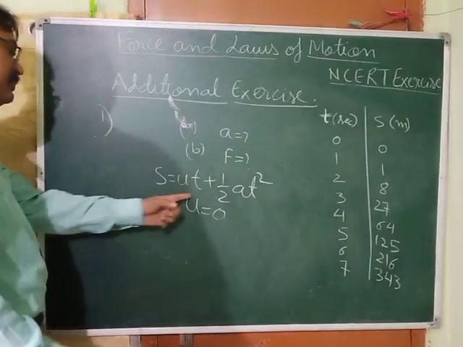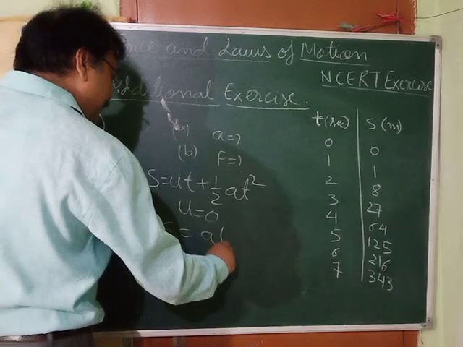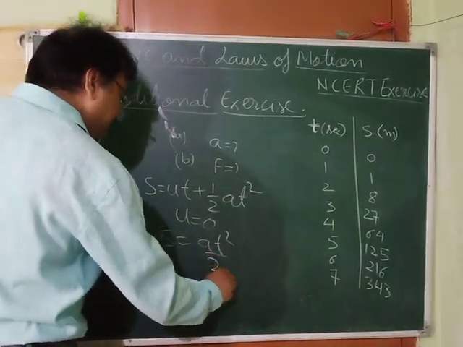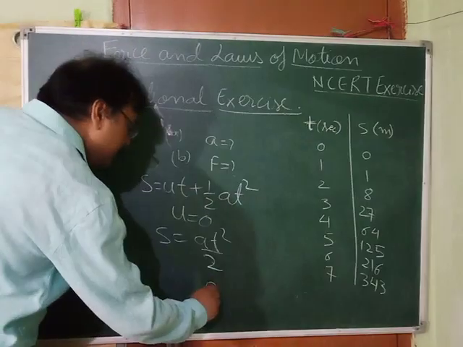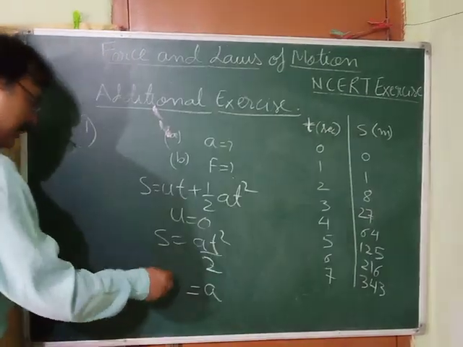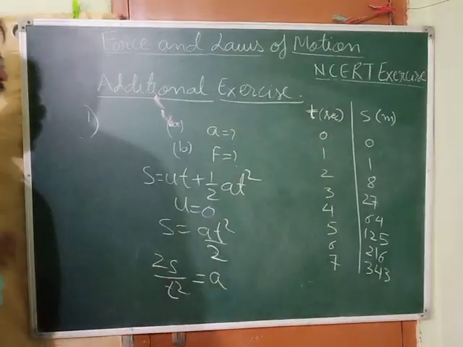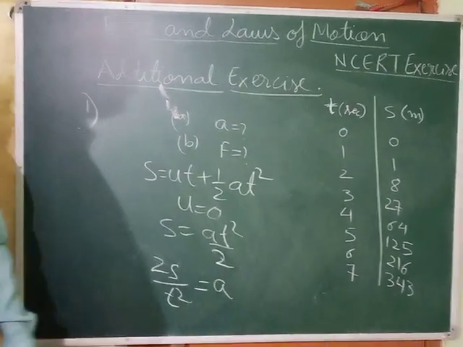As initial velocity is 0, S is equal to at square by 2. From here, can we get the value of A? A is equal to 2s by t square. Just keep on putting the value of distance and time, you will get the corresponding acceleration.